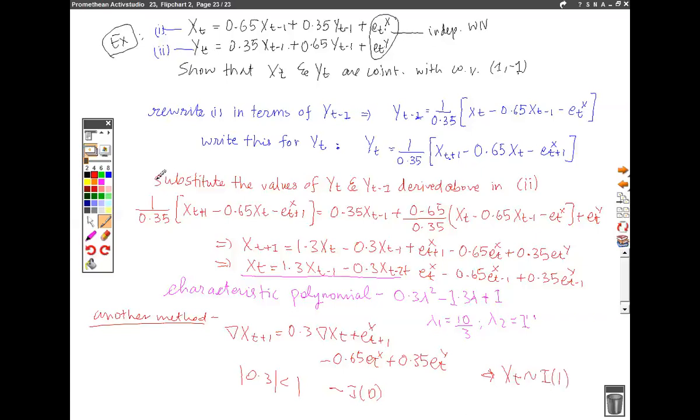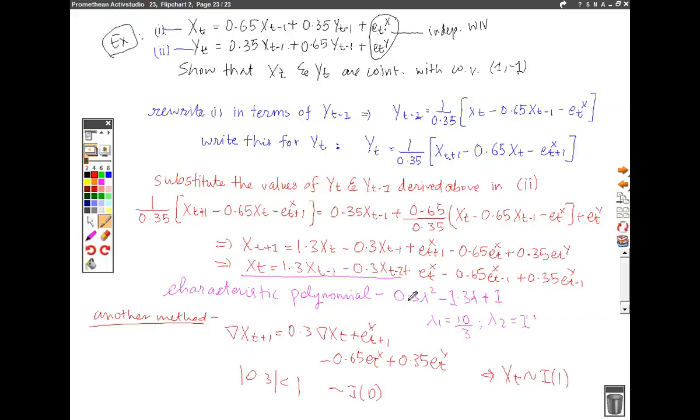Similarly, using a similar derivation, yt is also going to be a process which is integrated of order 1, because they have a similar structure. It's just that the coefficients are different. And if you try to solve, you will get the same answer for that.